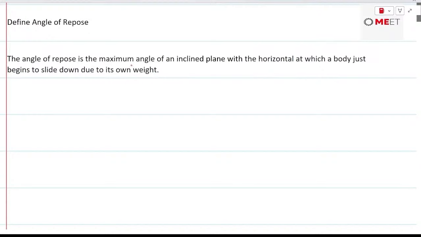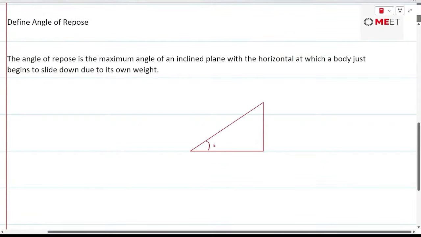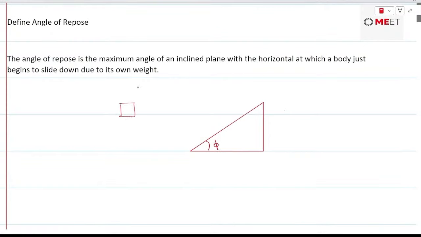Angle of repose is the maximum angle of an inclined plane with horizontal at which the body is just beginning to slide on its own due to the weight. So here, if I draw the diagram, let's say the angle of repose is phi, and on it the block has been placed.